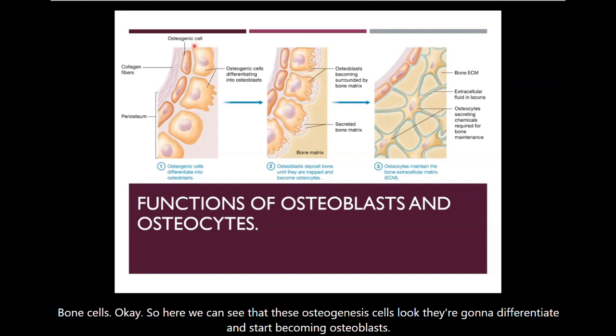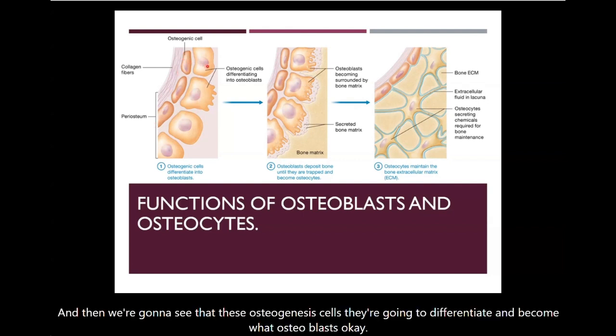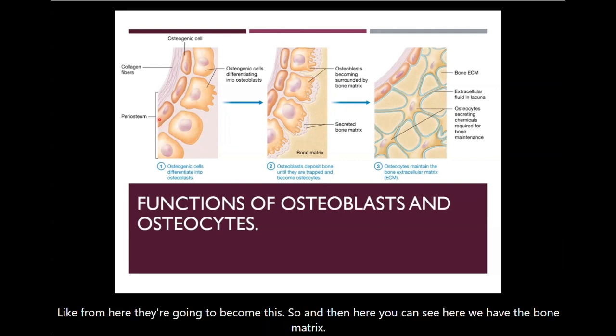Bone cells, okay? So here we can see that these osteogenic cells are gonna differentiate and start becoming osteoblasts. These are osteoblasts, these are osteogenic cells, and these osteogenic cells are going to differentiate and become what? Osteoblasts, okay? Like from here, they're gonna become this.